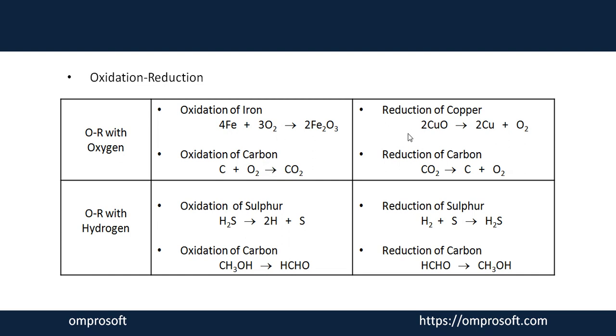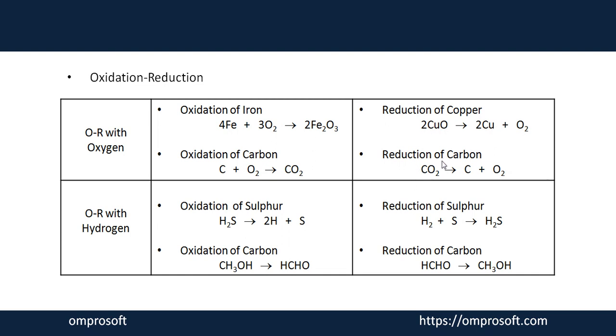Now with respect to reduction, we consider a compound which is already combined with oxygen, and now you want to remove that oxygen. Like you have copper oxide, and after removing the oxygen from the copper, that copper gets reduced itself.